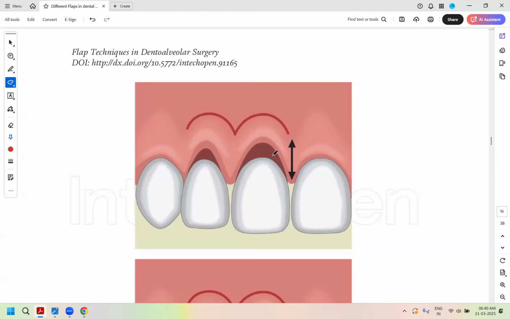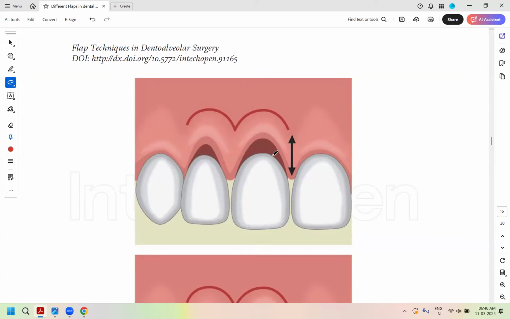The patient has multiple exposed recession areas. Options given are coronally positioned flap, lateral pedicle, double papilla, or your apically positioned graft. And he requires coverage.